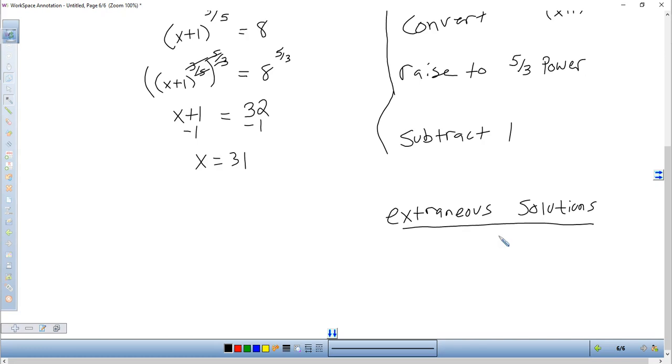You know, that does happen. But the reason why we check is because sometimes solutions that we get when we follow all the rules of algebra perfectly fine, we find answers that are not actually answers. And that's why we call them extraneous solutions. They're solutions we get, but they're not actually solutions. So it's important to check your work, check the answers, make sure they come out and work just fine. This one does. You don't have to go through checking it. It does come out and work just fine.